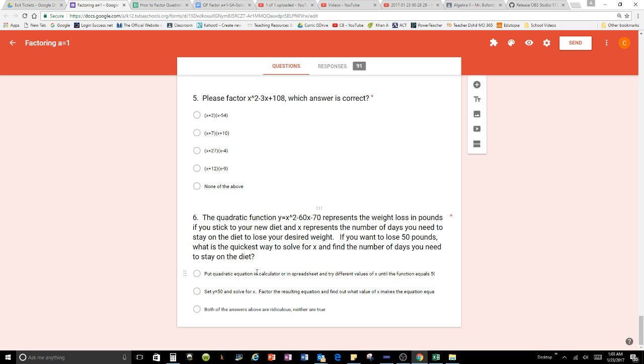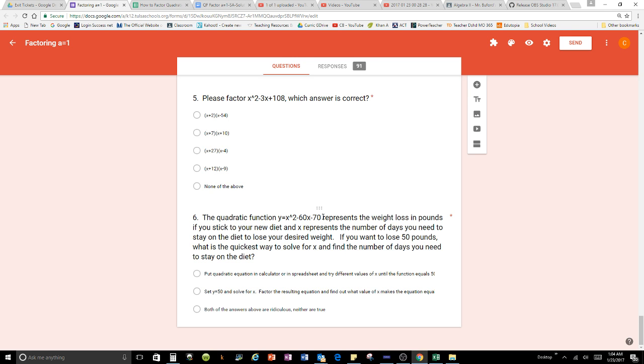This is what we were discussing previously. If you have a function that models the real world, and in this case y equals pounds lost, that's what you want to achieve. And if you know what you want, you know what value goes in here, you can actually substitute 50 for y, and then bring 50 to the other side of this equation.